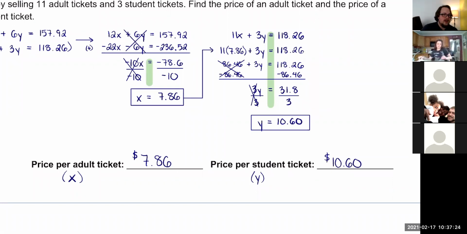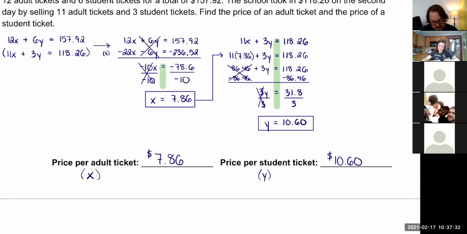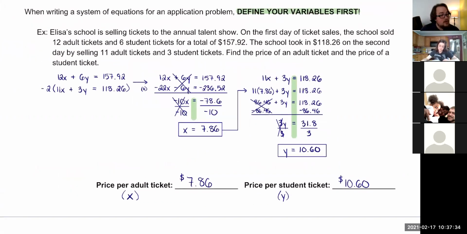Also equally weird and equally specific, and even more weird because rarely do you see student tickets being more than adult tickets. Usually there's a student discount. But again, if you rewind, if you're watching the video, I had a disclaimer at the beginning that this was my bad. When I made this, I think for whatever reason, I actually got my variables switched when I wrote it. So yes, in the real world, it doesn't quite fit scenarios that we're probably familiar with.